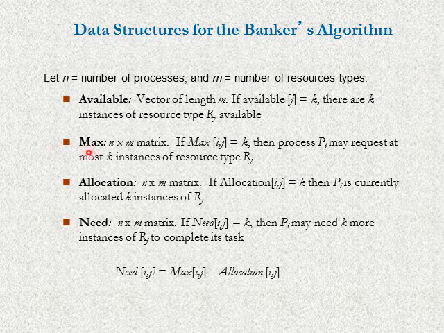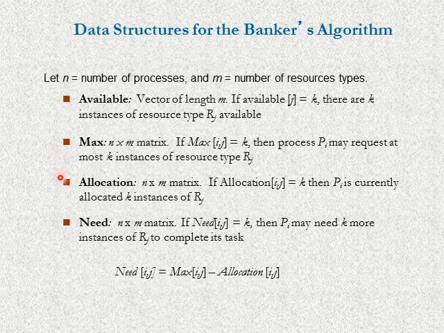That is used to store the maximum instances of each resource type required by each process. This matrix is populated when processes enter into the system, as the processes have to declare the maximum requirement before they start their execution.